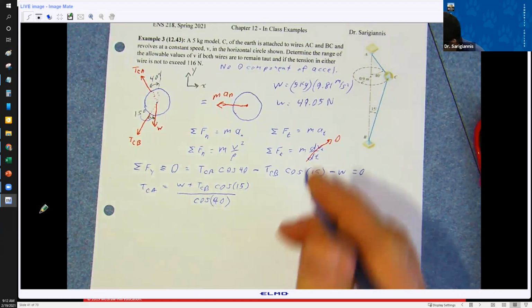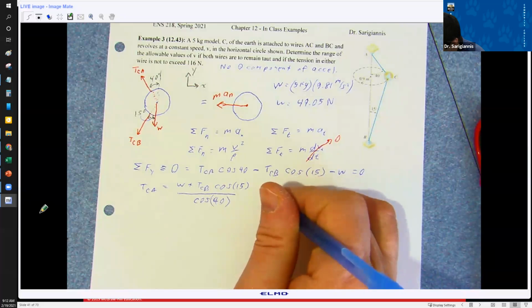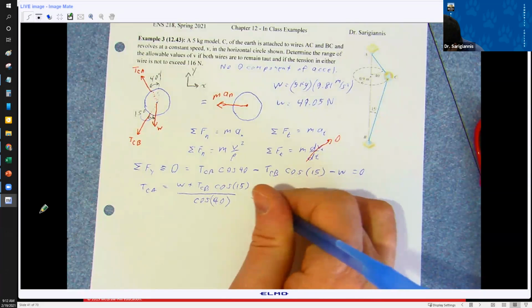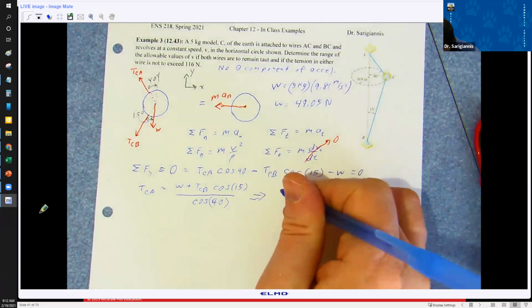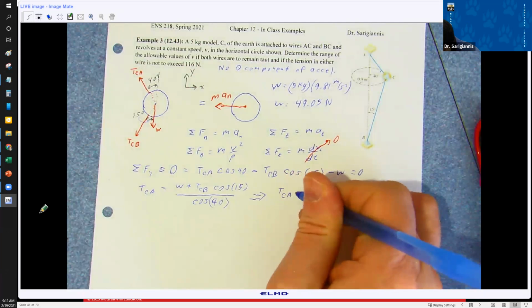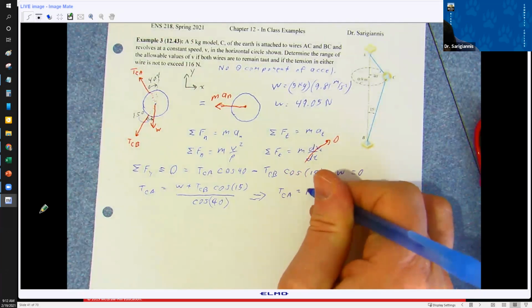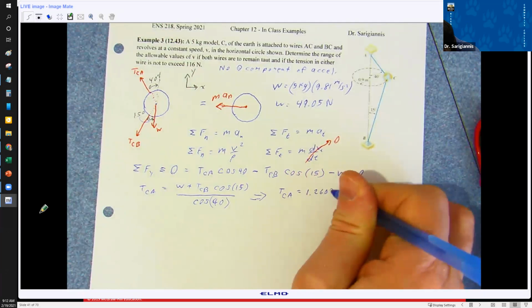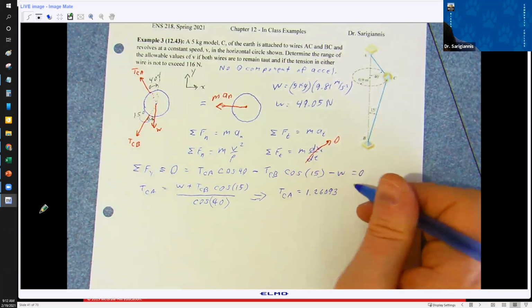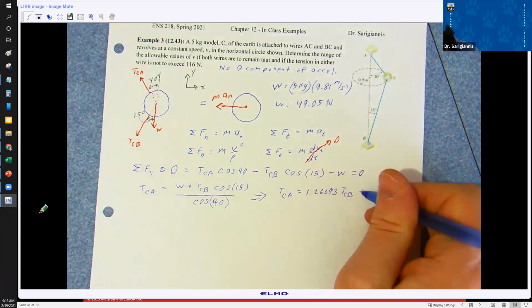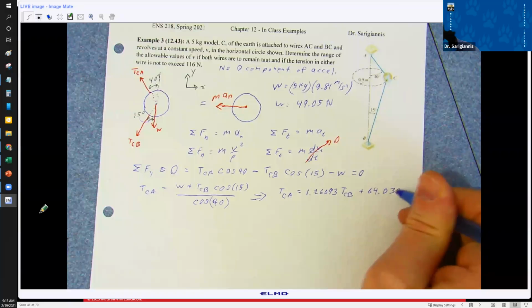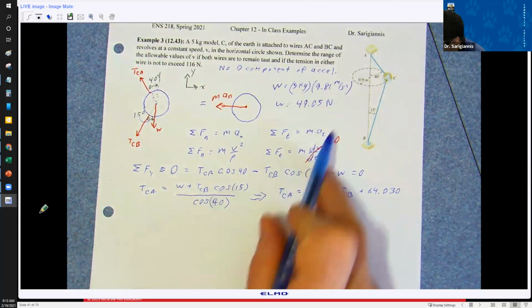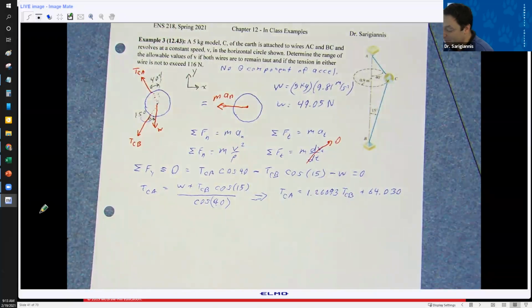If you put the numbers into this, which it looks like that's what I did, you wind up with TCA equals 1.26093 TCB plus 64.9 0.030. Right, so I'm dividing, that's what happens when you divide the weight by the cosine 40.